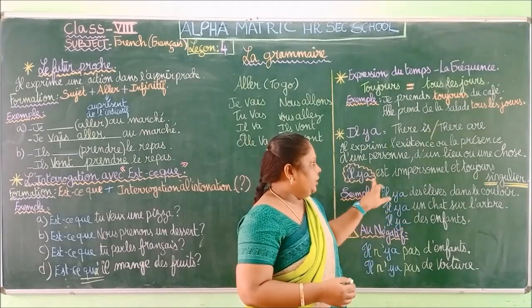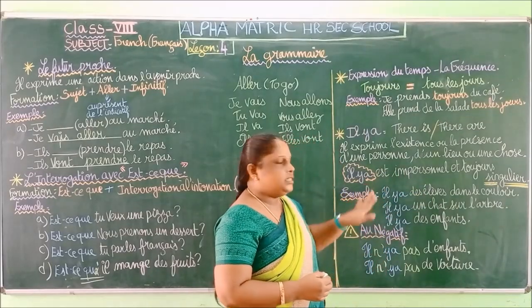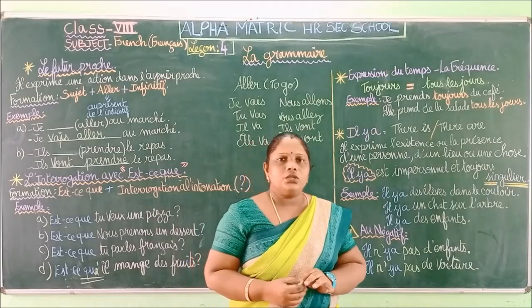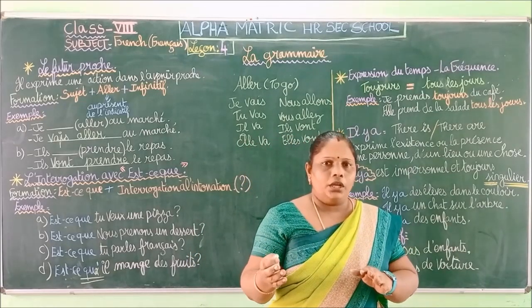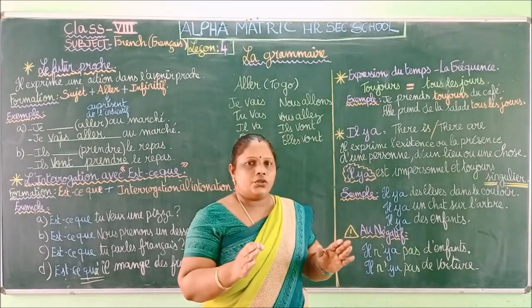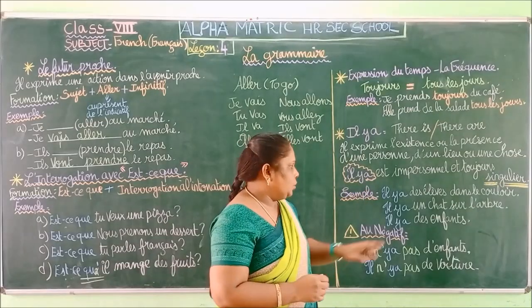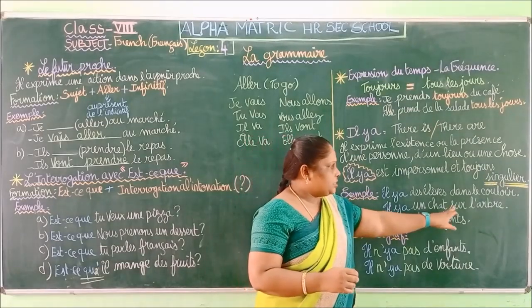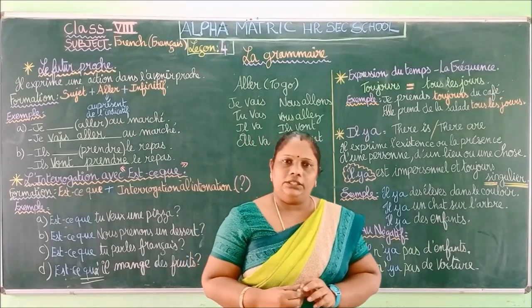And il y a, it is always impersonnel. So it will be always singular. No matter if you have the subject in plural, il y a is impersonnel. No changes will come for il y a. Okay, so il y a un chat sur l'arbre. There is a cat on the tree.